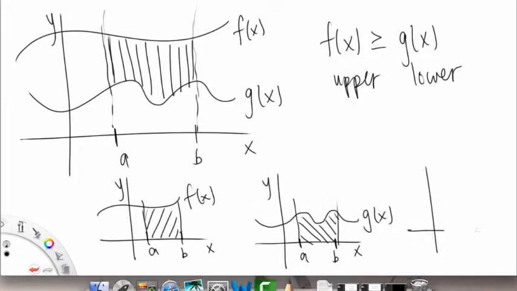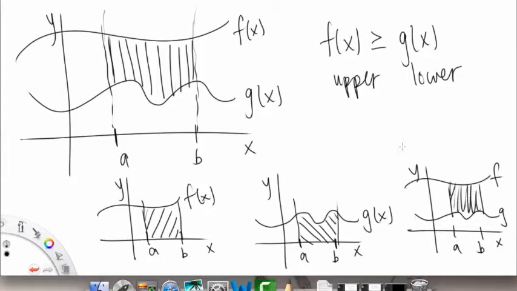If I graph them on the same one, on this last one over here, here's f of x, here's our g of x. So there's g, there's f. What we really want is this in here, that section here. In order to do that, we're going to take the entire area under f of x, which is our greater function, and then subtract away the area under our g of x.